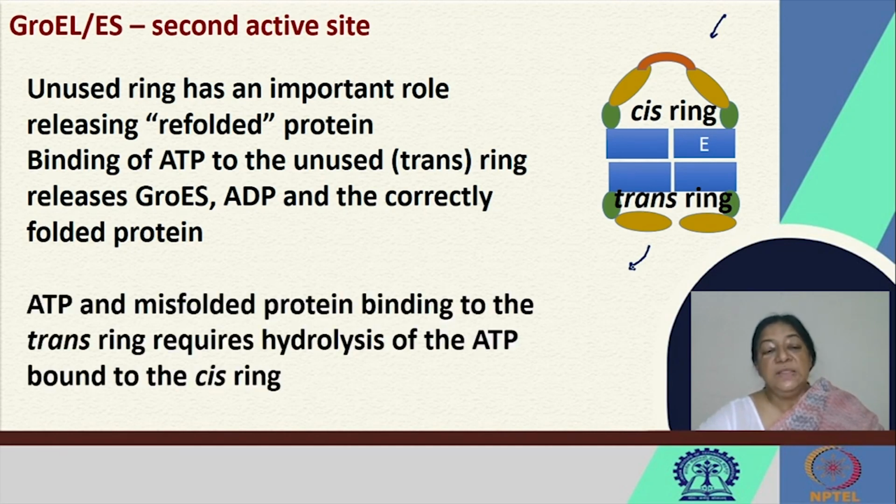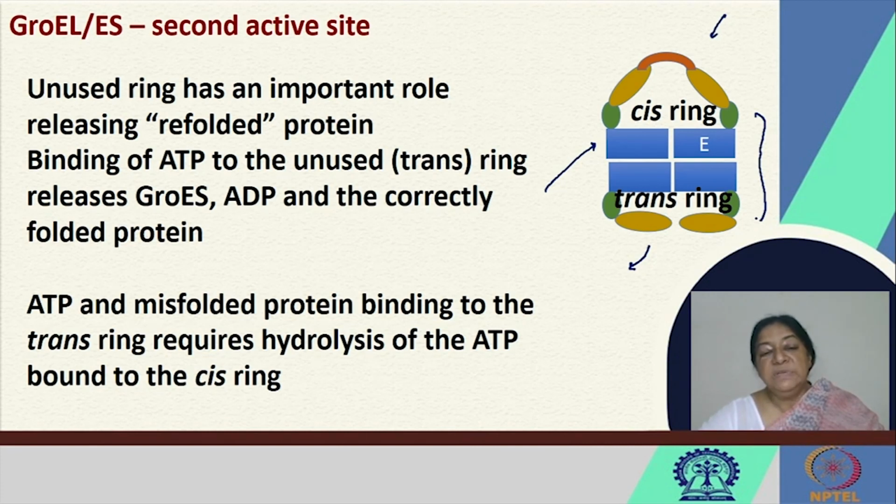So the ATP and the misfolded protein binding to the trans ring requires hydrolysis of the ATP that is bound to the cis ring. So there is the cis ring and the trans ring that alternate their roles in the activity in the binding of the specific polypeptide.